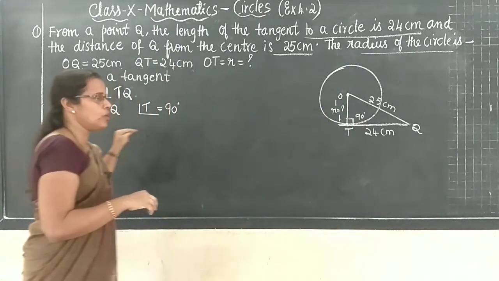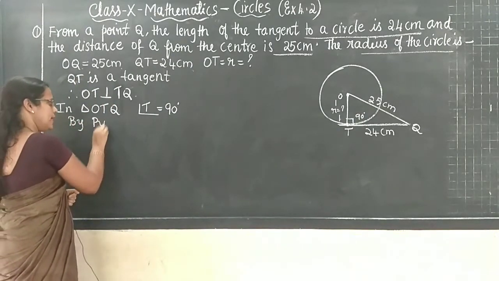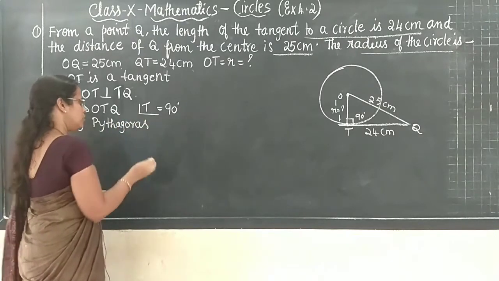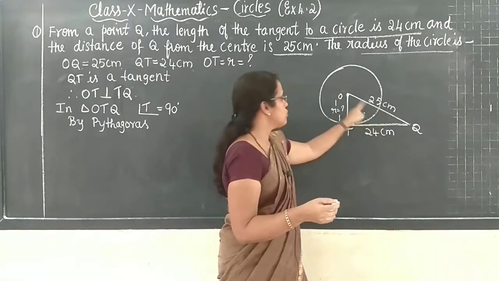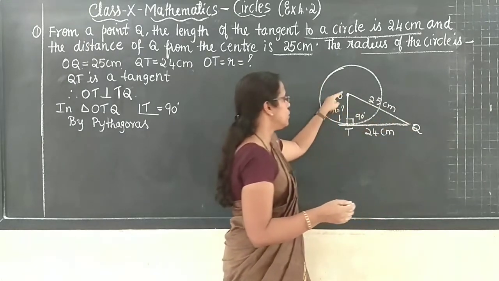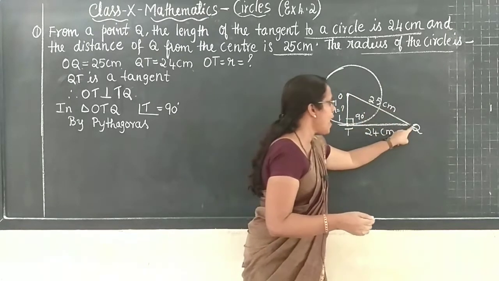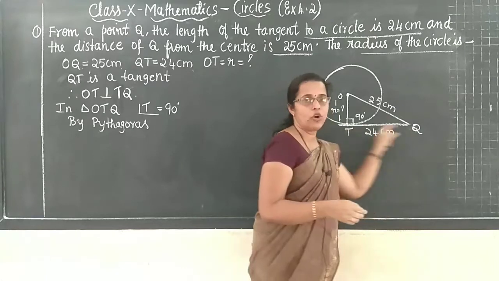So by Pythagoras, the side in front of 90 degree is called the hypotenuse. Hypotenuse square is equal to the sum of the other two squares. OQ square is equal to OT square plus QT square.